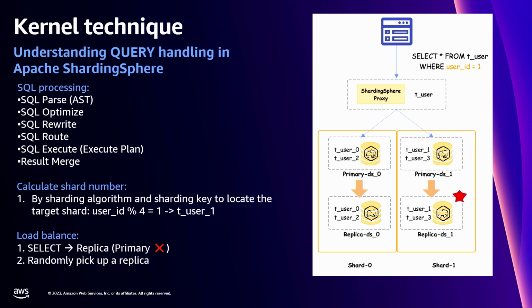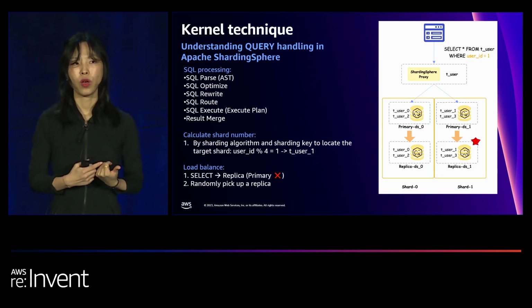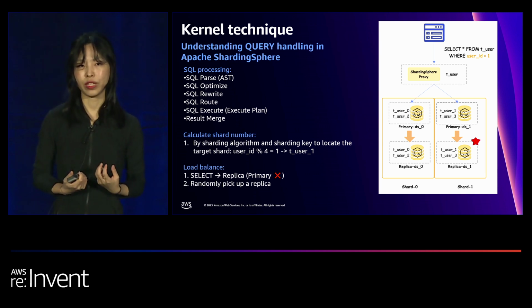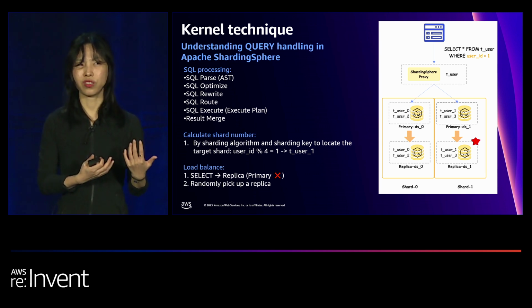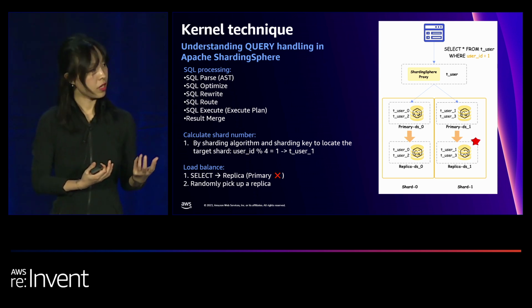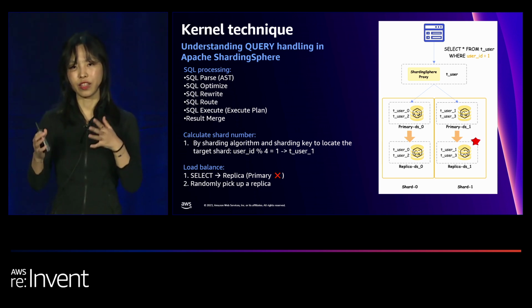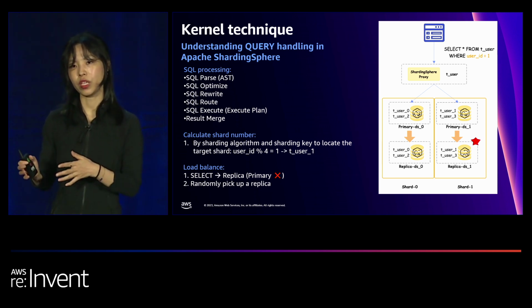So when ShardingSphere receives this query, it will go through the following steps. The first one, it will parse SQL. We call it the proxy. Actually, we may think, oh, it's maybe just a database gateway, but actually, all of the steps happening in your database now will happen the same in your proxy.